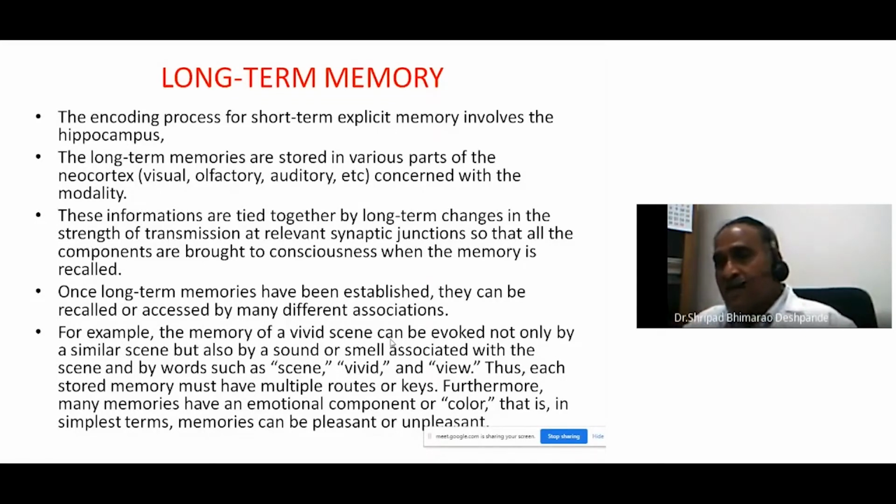Maybe your cook or your mother must have told you that today I am preparing your favorite dish. So then that favorite dish comes to you. So like that, the association of all these activities. And along with that, you may have a smell. I've just said the cutlery sound. Now I'm talking about the smell emanating from the kitchen. So that all adds to this.